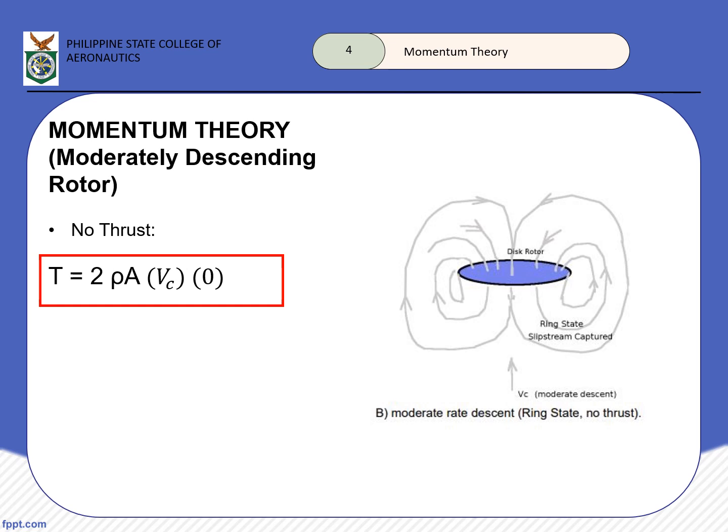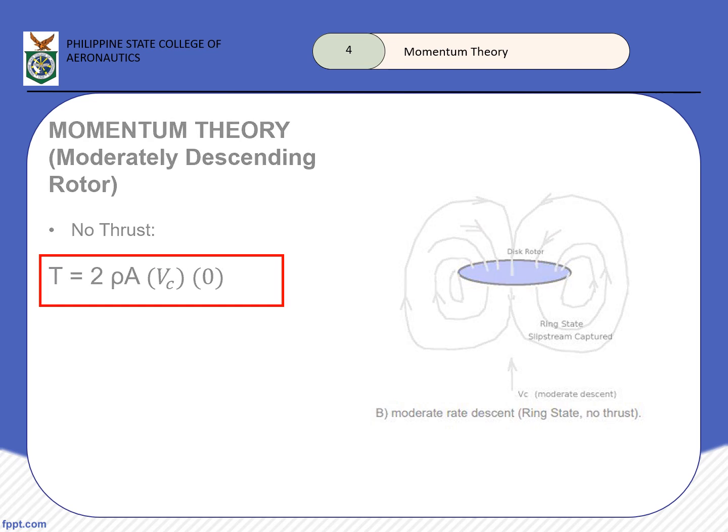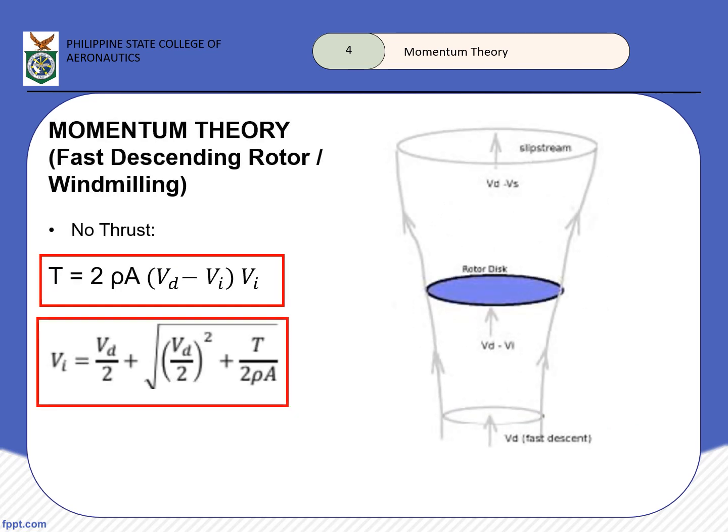So, yeah. Here is the fast descending rotor, or windmilling. So, never mind the first one with no thrust.